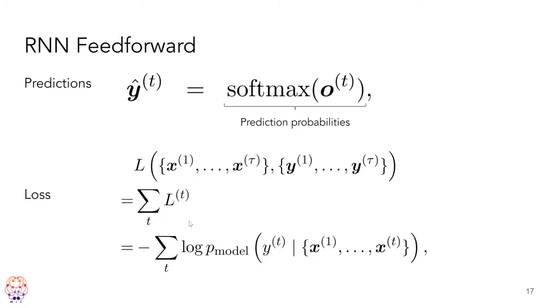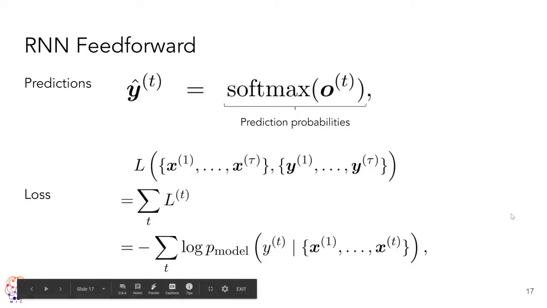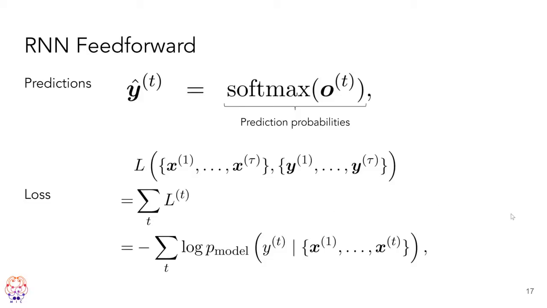And then here's the loss function. You can also put in any other loss function depending on what your task is. If you're predicting actual raw values, like say you have a bunch of previous stock market prices and you want to predict a future price, then you wouldn't use softmax in this case.